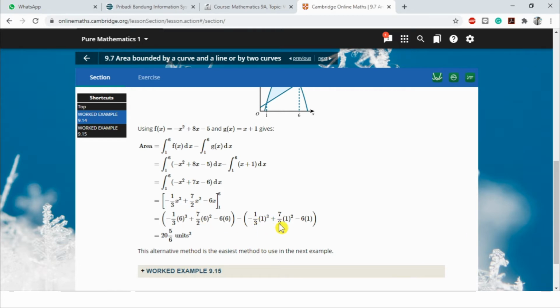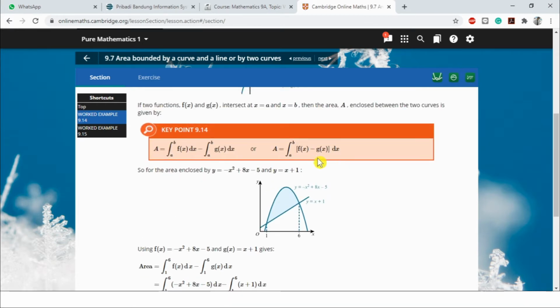Remember, you should substitute the highest value first, 6, and then subtract by 1. All right, so the answer will be 125 over 6 units squared. So this is how we can apply this formula.